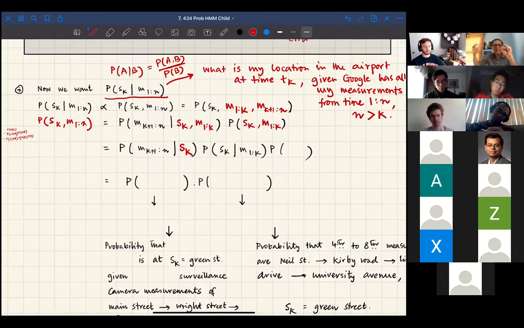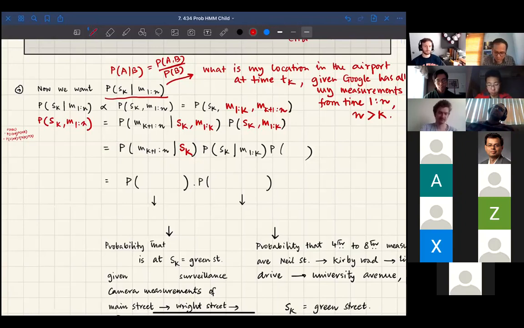The measurements of k plus 1 through n do not depend anymore. Once we know Romit's Starbucks location, those future measurements don't depend anymore on the past measurements, because the past measurements have only influenced Romit to come to Starbucks. So once I know Romit is in Starbucks, I don't care what the past measurements are. All the future measurements will only be dependent on Romit's SK location.